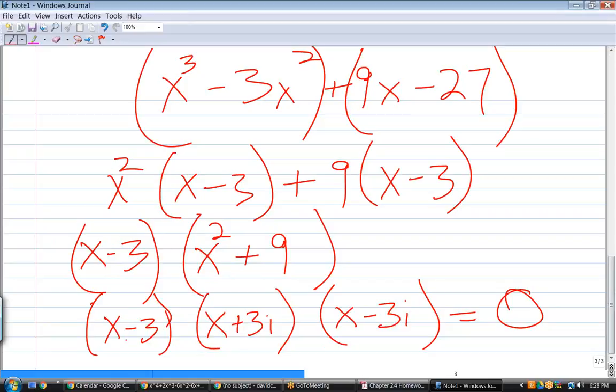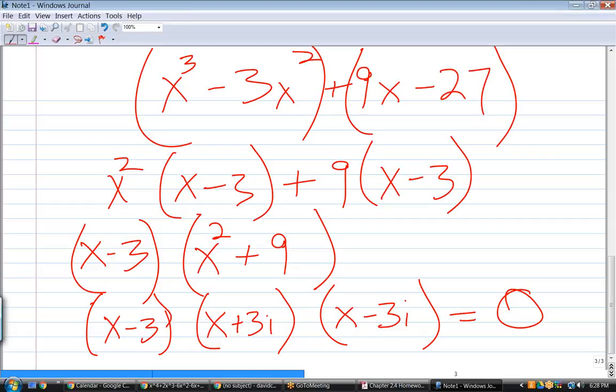Of course, we know the only, what's the zero of this function? How many zeros are there? 3. It's only 1. Remember, complex linear factors do not produce zeros. So it would be 3. It will only cross the x-axis at x equal 3.